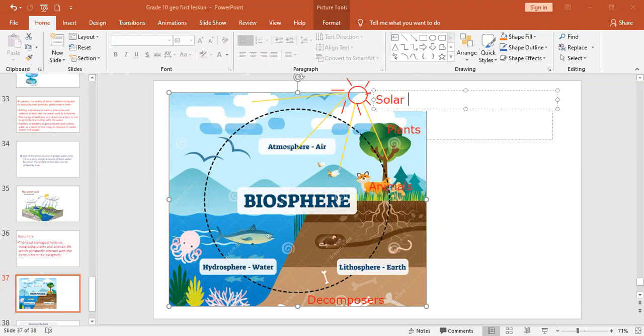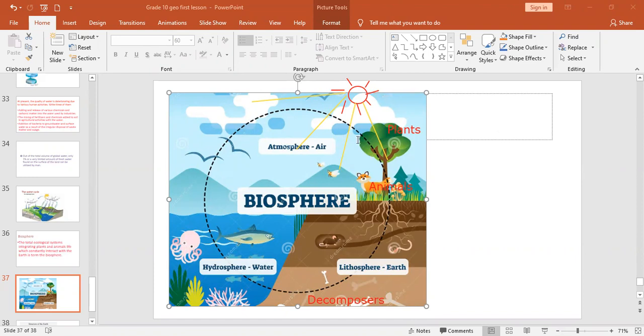Soil. You can use two colors to name the living components and non-living components.